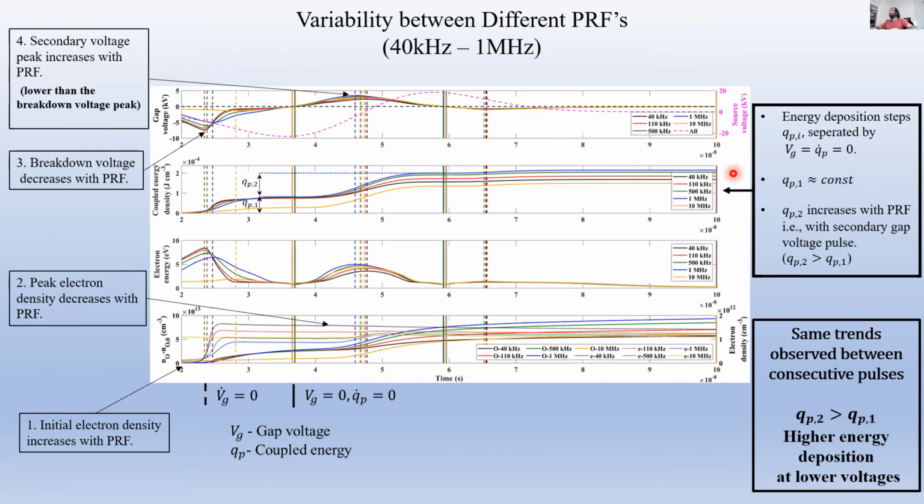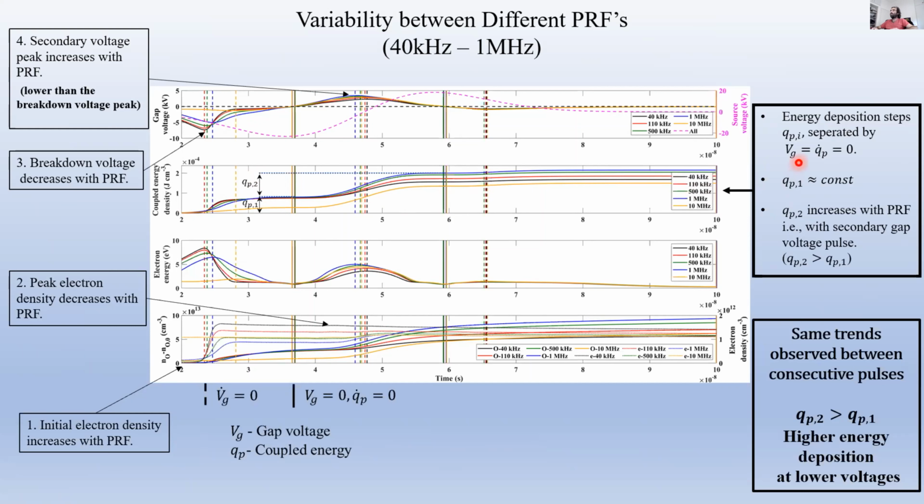Now I want to concentrate on the second figure from the top, which I personally think is a bit more interesting. This is the energy deposition, the coupled energy over time. We can see that the energy deposition enters basically in steps, which we call QP1 and QP2. Those are the two major steps here.